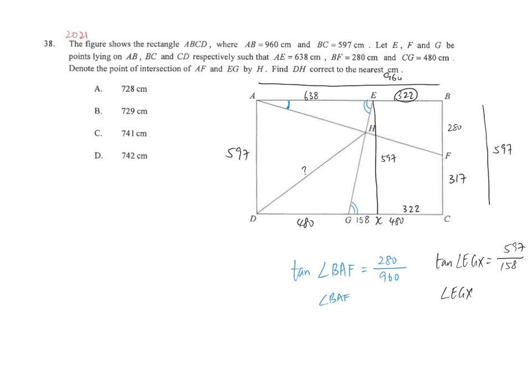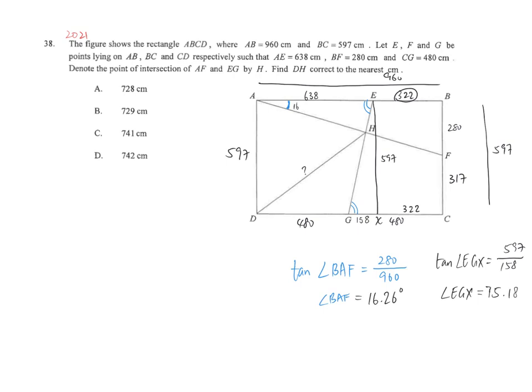Angle BAF is 16.26, and if I find the angle for shift tangent of 597 divided by 158, I get the other angle, which is 75.18.